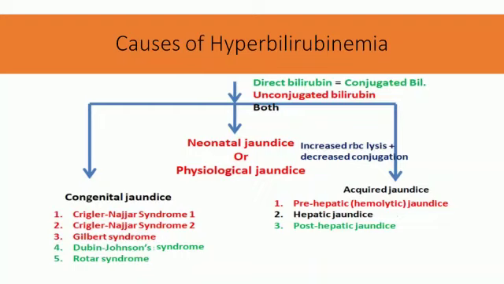This is known as physiological jaundice, which occurs after 24 hours of birth in almost every child. Acquired jaundice is classified into 3 types: prehepatic, hepatic and post-hepatic jaundice.